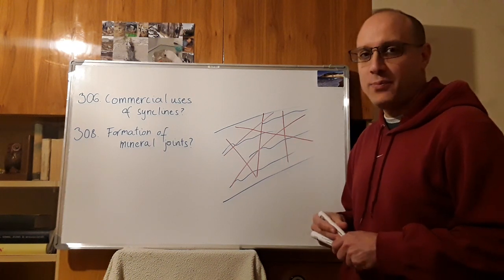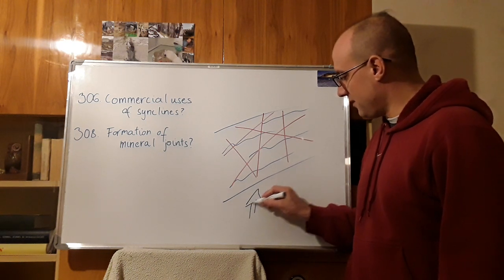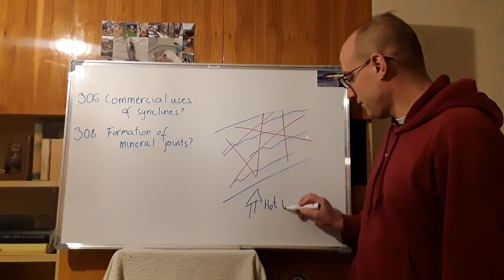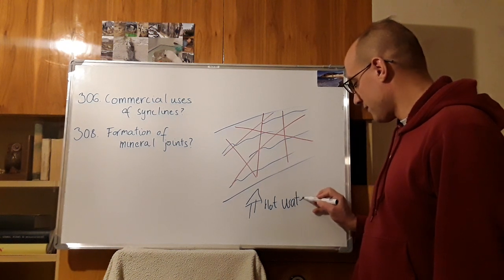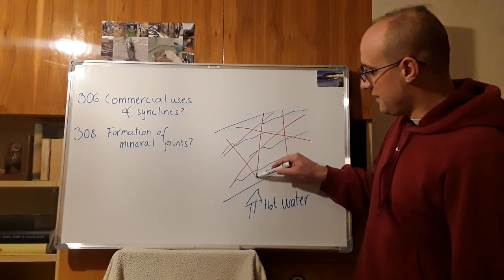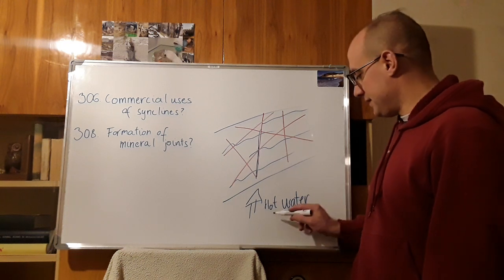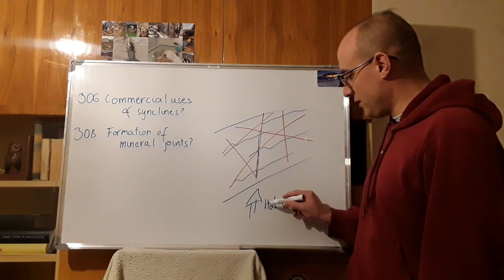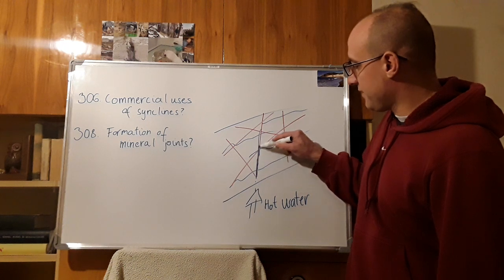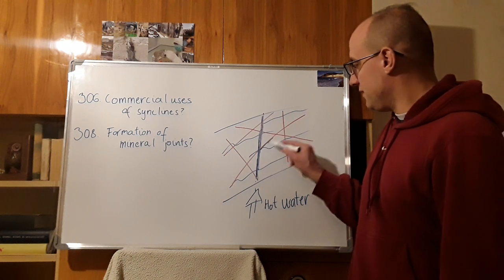And what can happen later on, if there is hot water coming from down under, this hot water can enter these joints, and perhaps the hot water will also have some minerals dissolved in it. So it's not only water usually, but minerals, and these can then enter these cracks that once developed, so brittle formation in the first place.